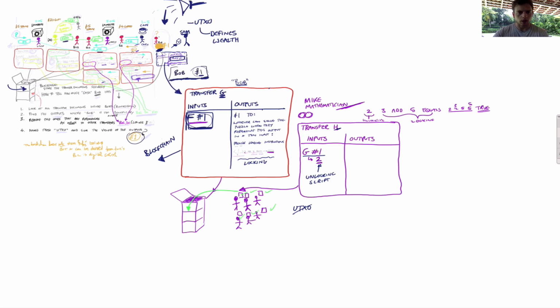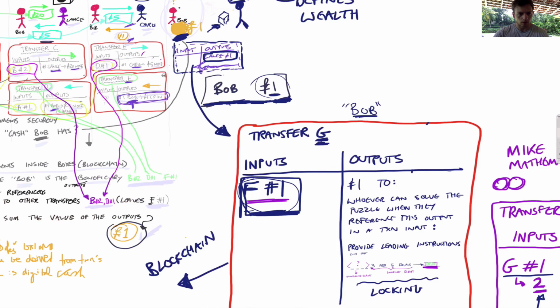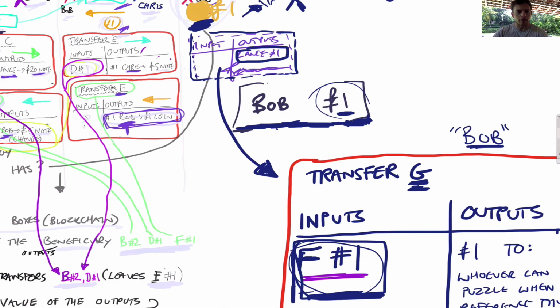So for example, it's no longer good enough to just say transfer F is payable to Bob, because first of all, there are lots of Bobs in the system, and what's to stop somebody called Fred creating a new transaction and referencing the output that was sent to Bob? There's nothing to enforce that, right?